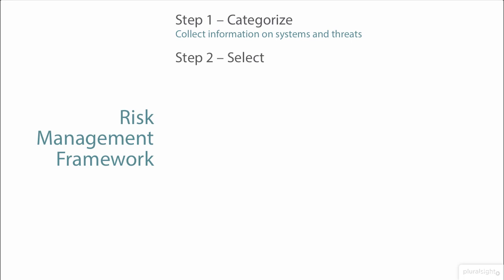Once we do that, we can then select, or in this case, identify the controls that we're going to use to mitigate those vulnerabilities and to prevent those threats as best we can from occurring. Now, this is where we're going to start to need to tailor this for our specific types of business and what we're trying to protect.